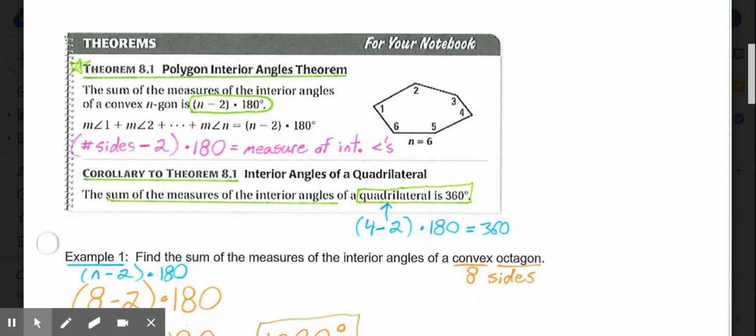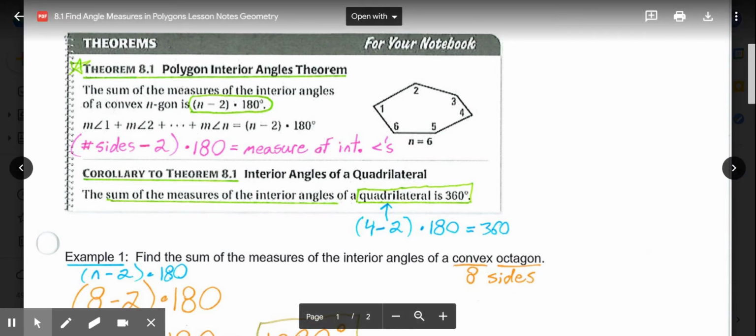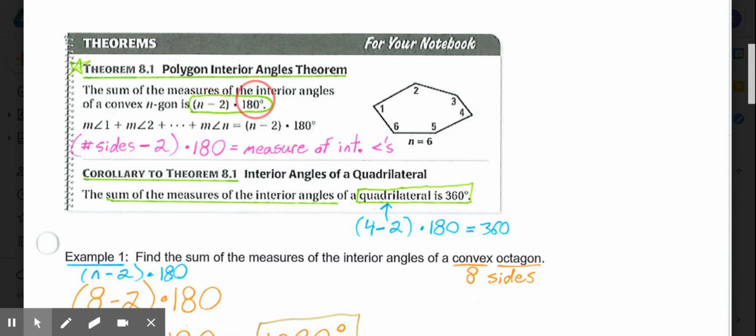Now, moving on from definitions into theorems. Our first theorem is 8.1, the Polygon Interior Angles Theorem. This theorem states that the sum of the measures of the interior angles of a convex n-gon, with n meaning the number of sides, is (n minus 2) multiplied by 180.